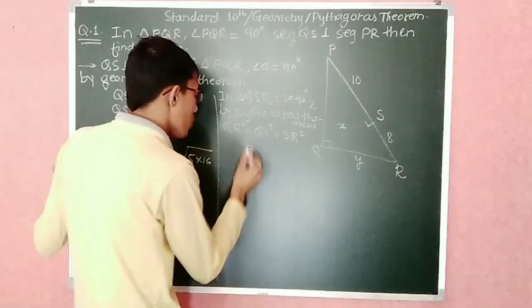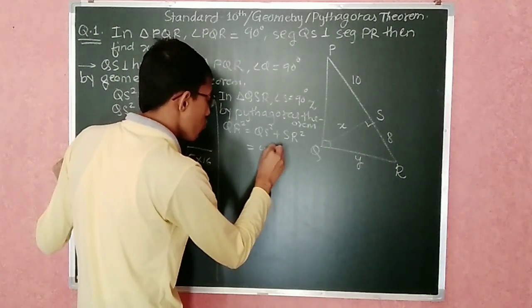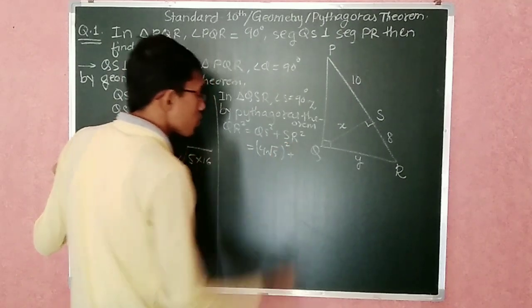QS is nothing but 4 root 5. So (4 root 5) square plus what is SR?